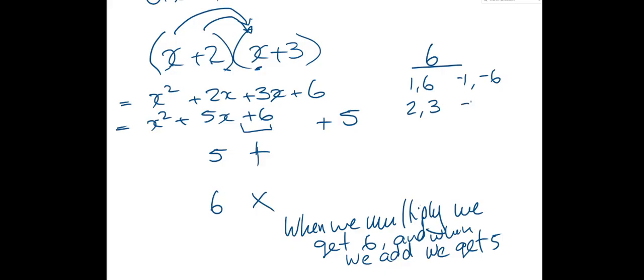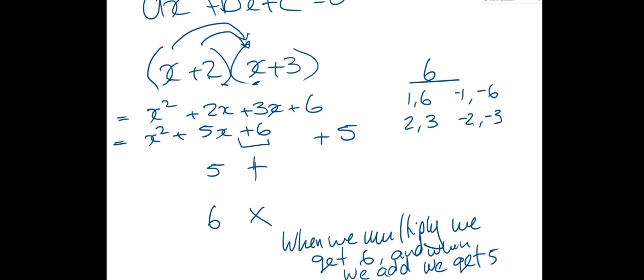But also remember, minus 2 and minus 3 also multiply together to give us positive 6. So which one is it? Well, when we add these together, which one equals 5? Well, 1 plus 6 is not that one. Minus 1 minus 6 comes to negative 7. Minus 2 minus 3 is negative 5, but it's still not 5. 2 and 3 are what we want.